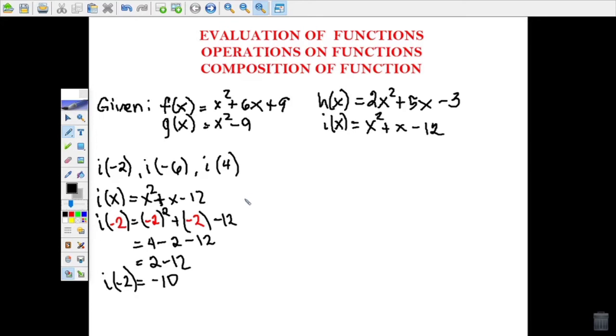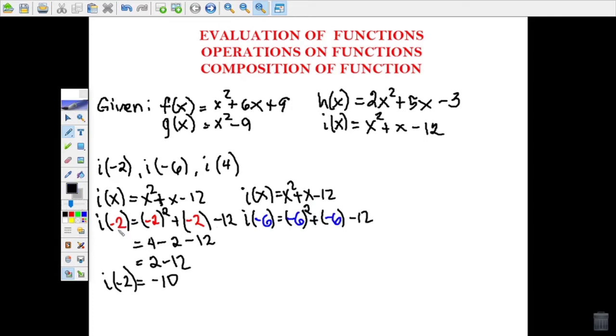Next, I of x is equal to x squared plus x minus 12. So we are asked to find I of negative 6. Therefore, lahat ng value ni x ay magiging negative 6. So negative 6 squared, plus x is negative 6 again, plus negative 6, minus 12.